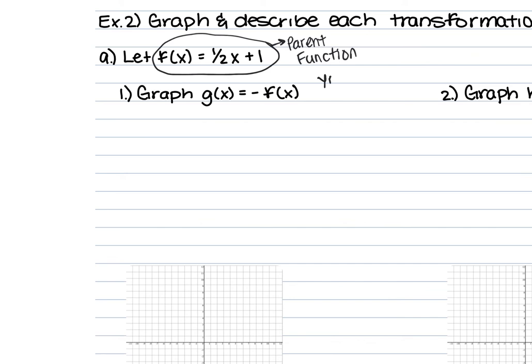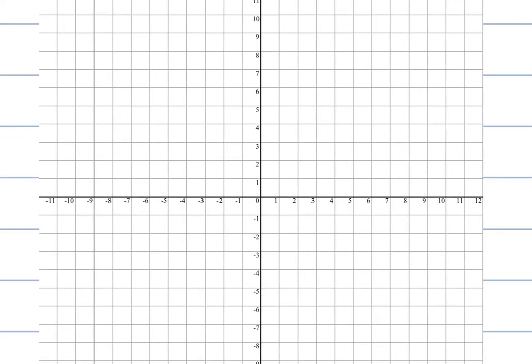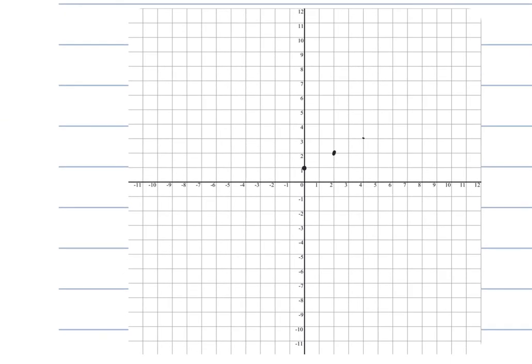And then go up by 0.5 over 1. So my intercept is 1, and then my slope is 1 over 2. So instead of going up 1/2, I'm just going to go up 1, but over 2. So let's go up 1 to the right 2, up 1 to the right 2.